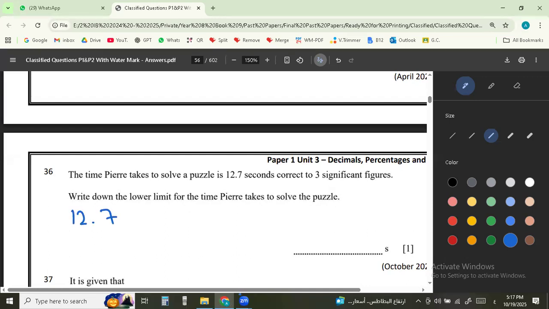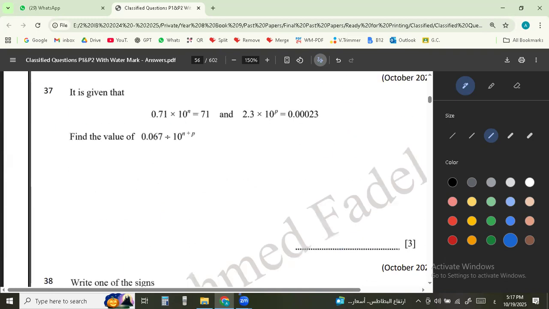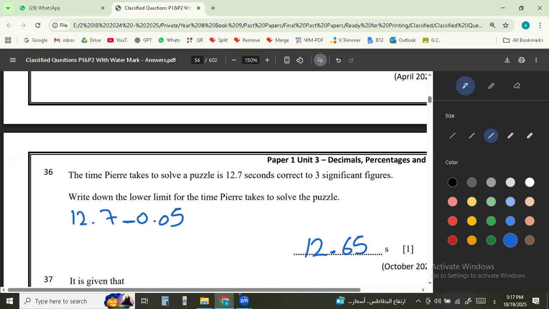Here they want the lower bound, the lower limit, so minus 0.05, which is going to give you exactly 12.65. If you don't know how to do this mentally, just line up the decimal points, do the subtraction. It's going to give you exactly 12.65. Question 37.